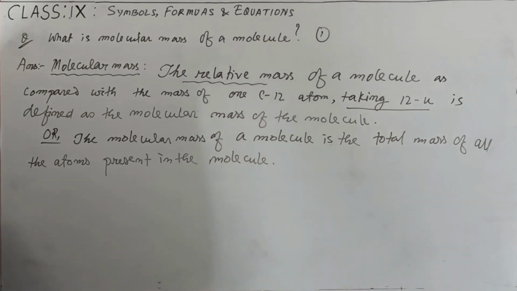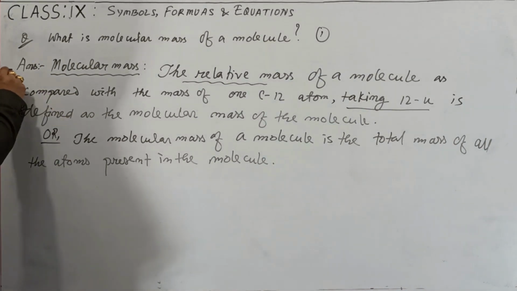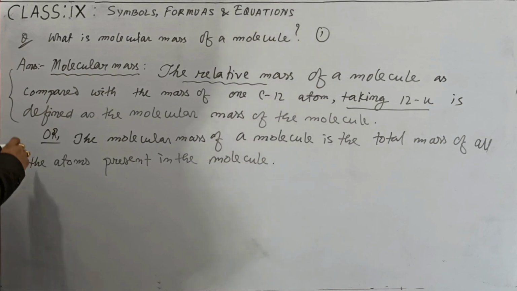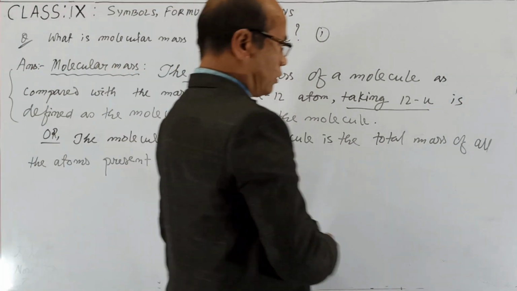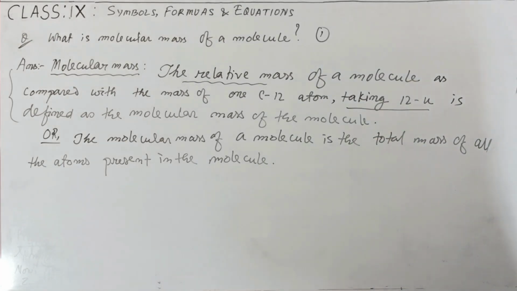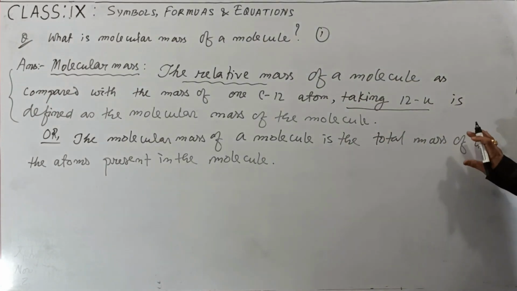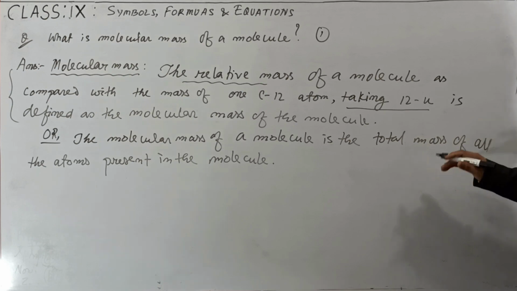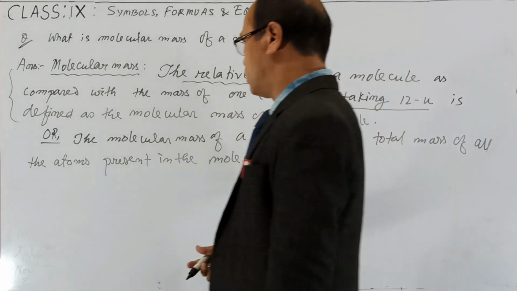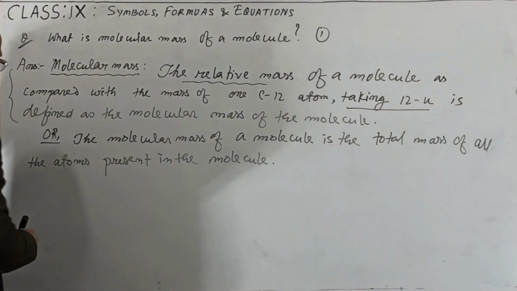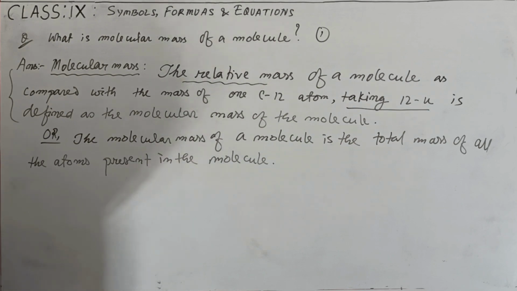Like this also you can give it, but it's better to give the first one. But anyway, I'm writing another definition to help you understand more. In the examinations, you write the first one, and the second one you keep in your mind to understand the definition of molecular mass by yourself.